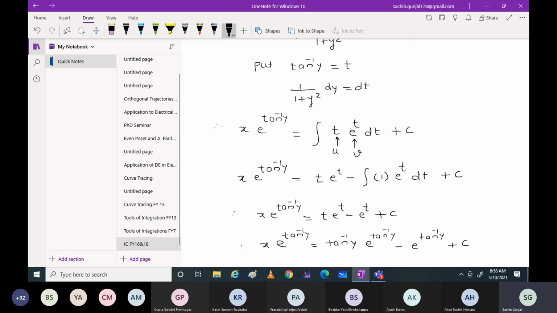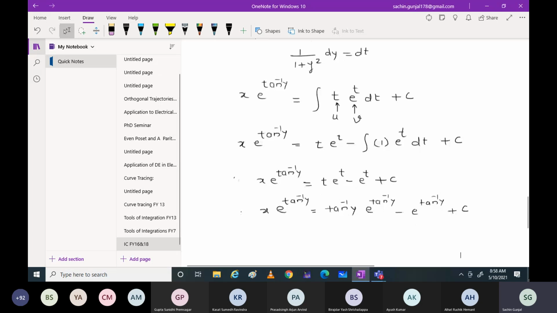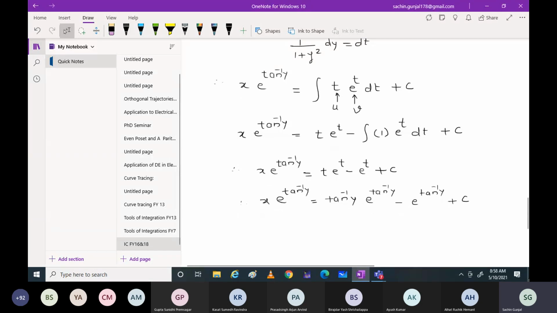You can further write one more step, that is you can divide by e raised to tan inverse y. So what will you get? x is equal to tan inverse y minus 1 plus c into e raised to minus tan inverse y. Am I right? Yes, sir. Okay. All right.